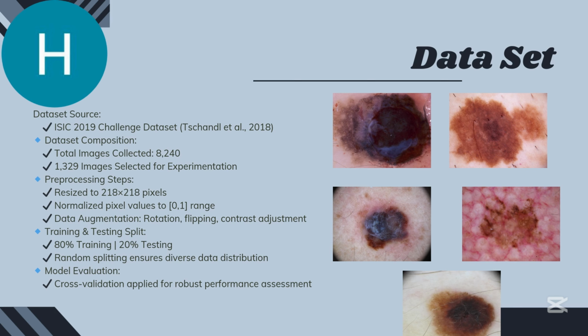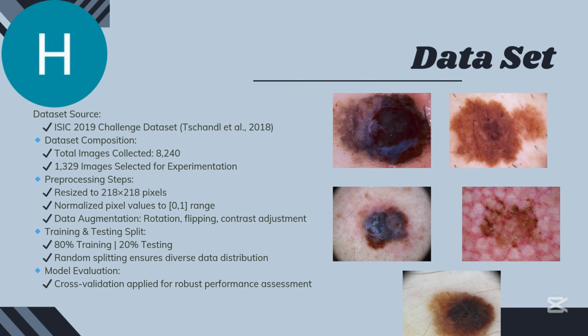To ensure high-quality training, we applied several pre-processing steps, including resizing all images to 218 x 218 pixels for uniformity, normalizing pixel values to a 0-1 range to standardize image intensity, and data augmentation techniques such as rotation, flipping, and contrast adjustments to improve the model's ability to generalize.